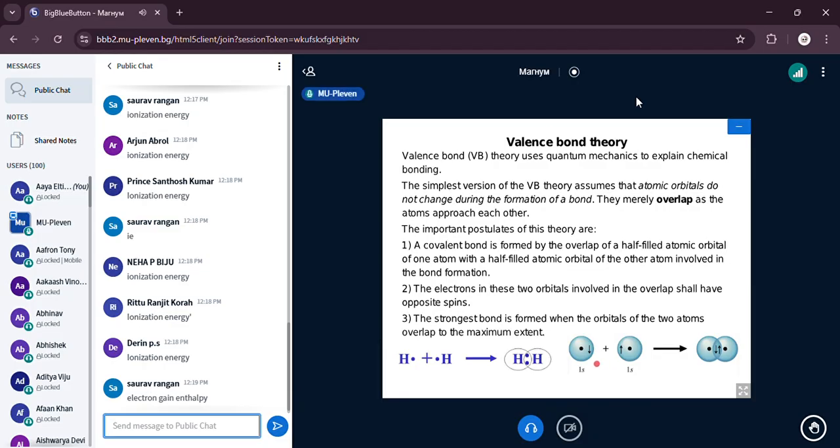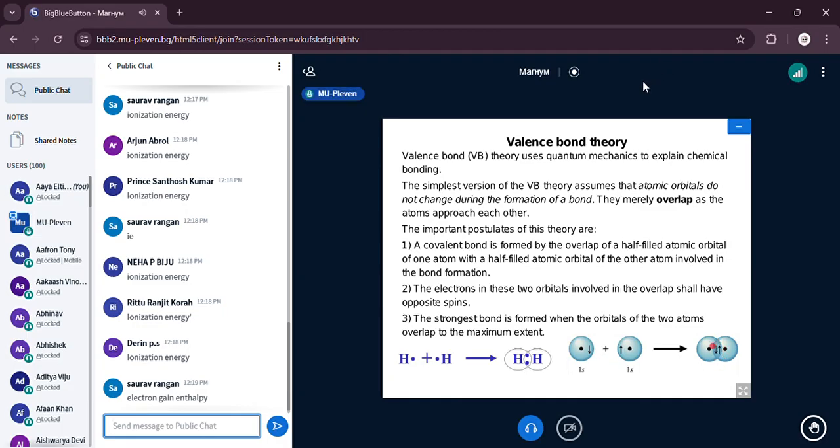Again, the simplest molecule example: formation of the hydrogen molecule. Each hydrogen has one s electron. But to form a hydrogen bond, these two electrons should have opposite spins, as it is shown.